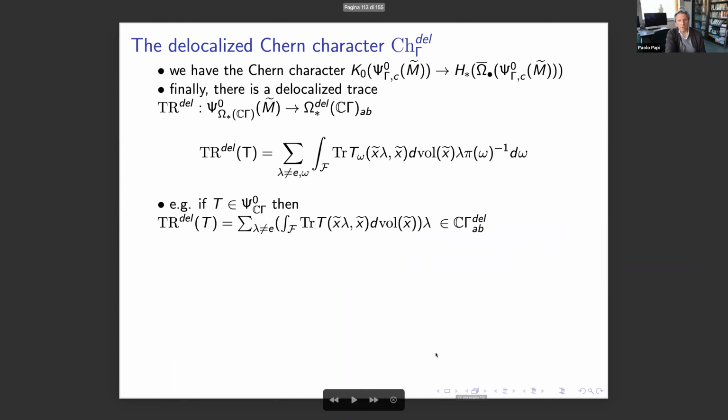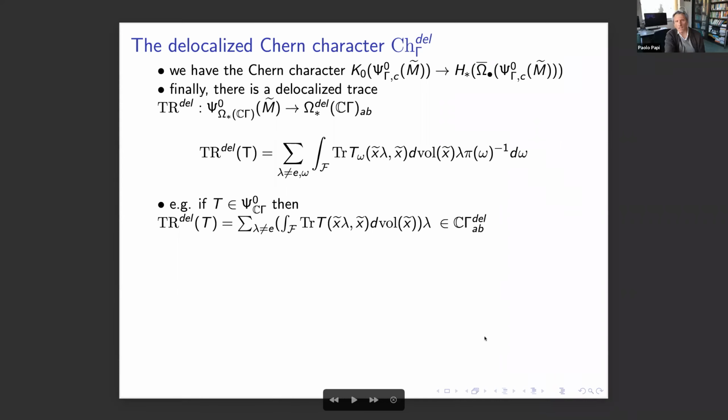For example, if you take just a pseudo-differential operator without the differential forms, this delocalized trace would be just this element here. And what is it you integrate over?